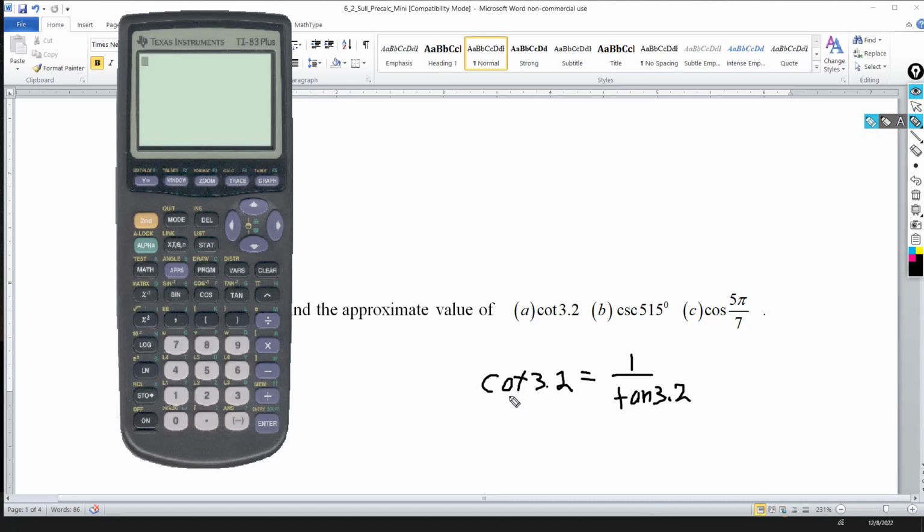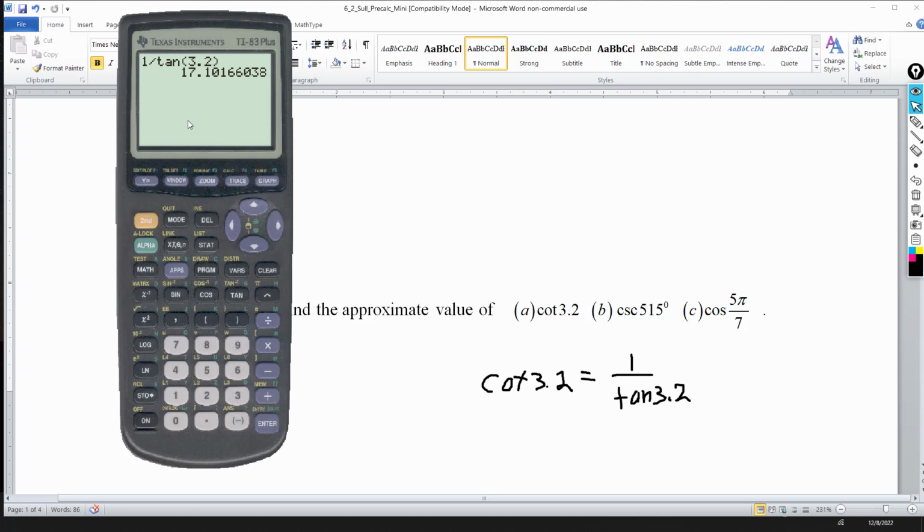So to find the cotangent of 3.2, we find the tangent of 3.2 and then take the reciprocal. Calculator's in radians, so this will be 1 divided by tangent 3.2. Hit enter. And there you have it.